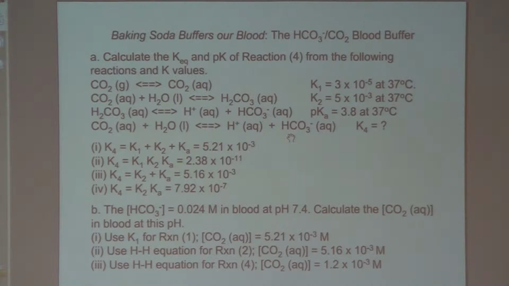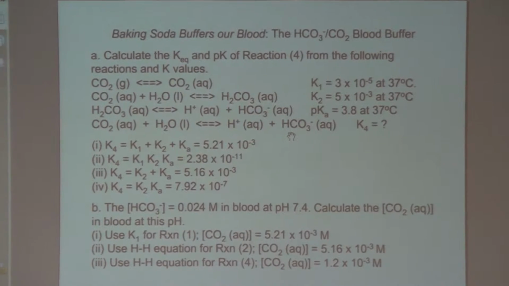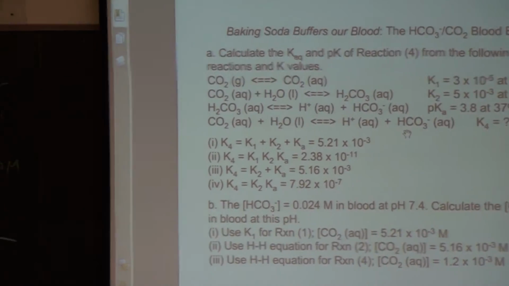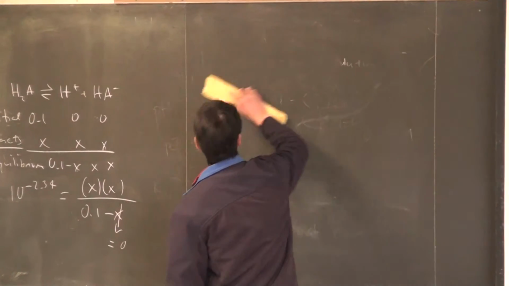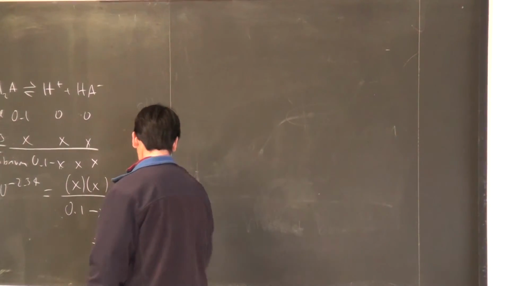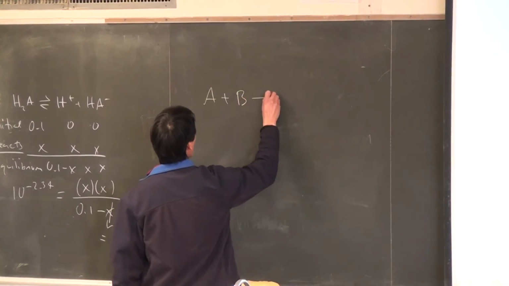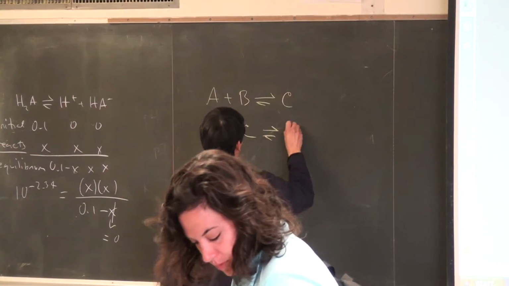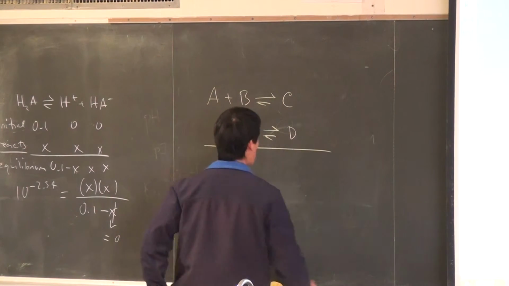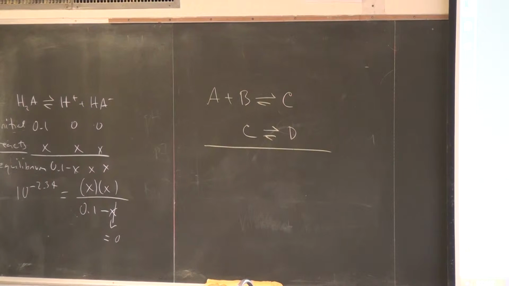Okay, so to give you a little hint on this one. If we have a reaction, say A plus B going to C, and we have C going to D, and we add these two reactions together, what do we get for the sum of those two reactions?